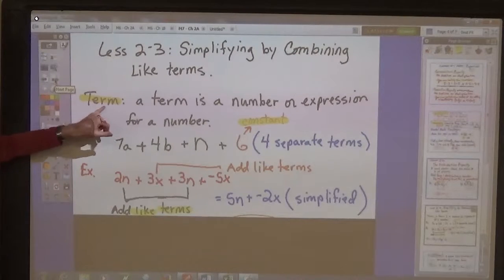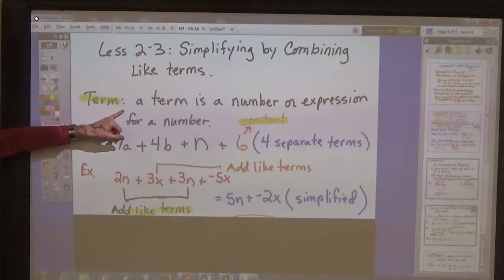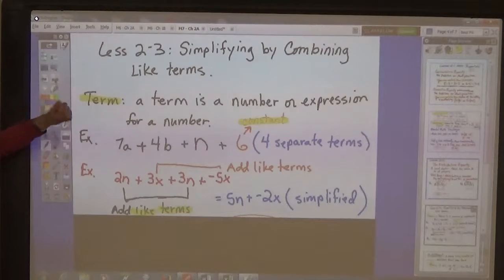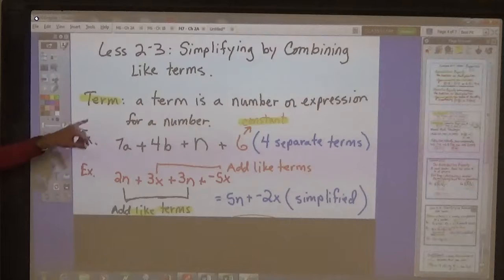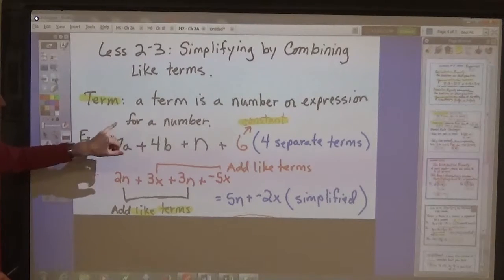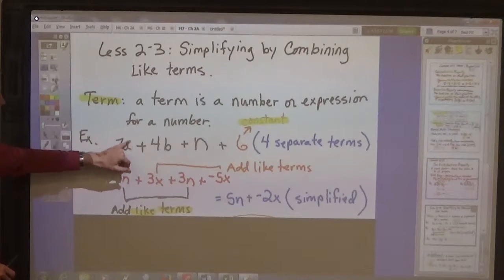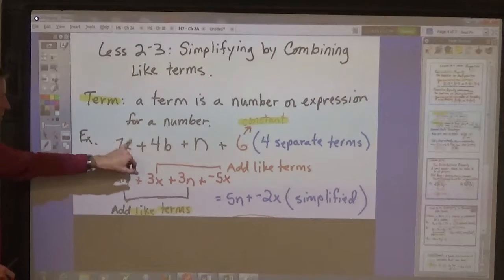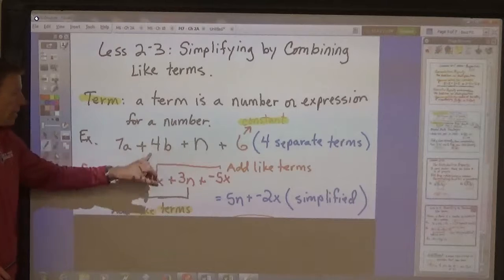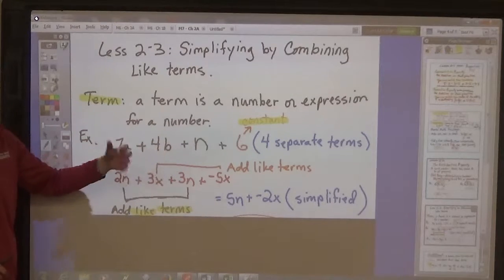A term is a number or an expression for a number. So 7a is a term. 4b is a term because that expresses a number.